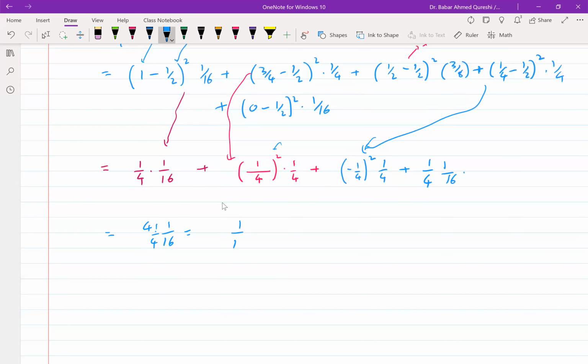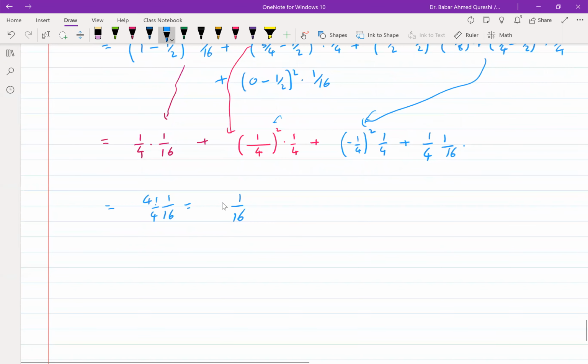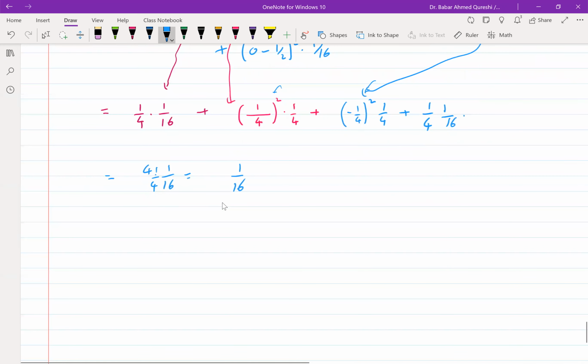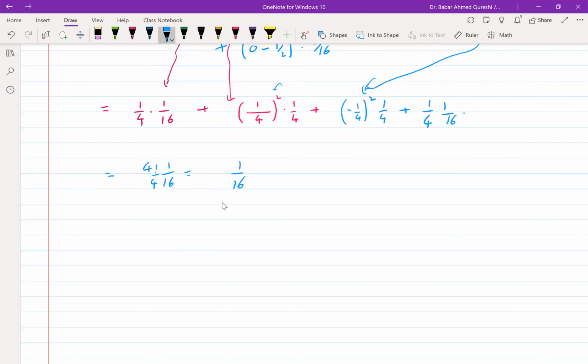So it is equal to 1 by 16. And when I take the square root, that gives me 1 by 4 for the sigma.